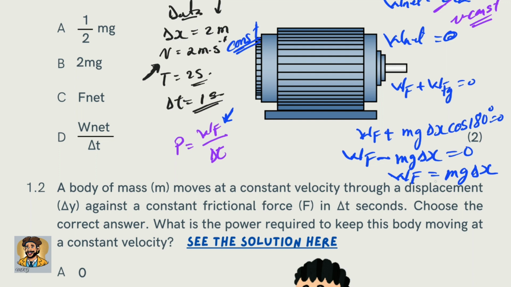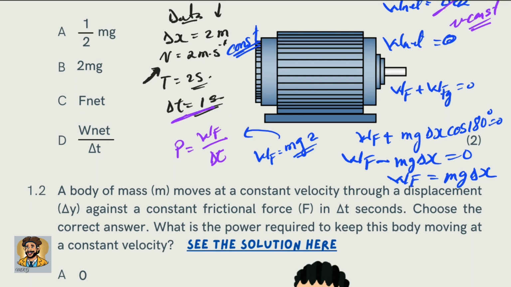Now we can substitute the numerical values. The work done by the applied force is equal to mg times the displacement. The mass is m, we don't have it. The acceleration due to gravity is g. Let's leave it as g, because you see in the options they use g, but the displacement is 2. Now let's substitute this into the formula for power.